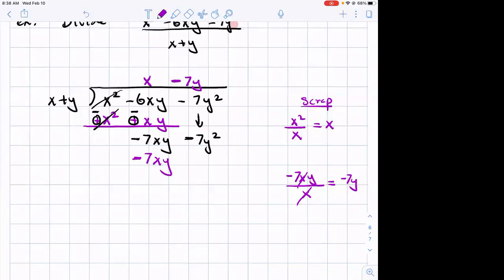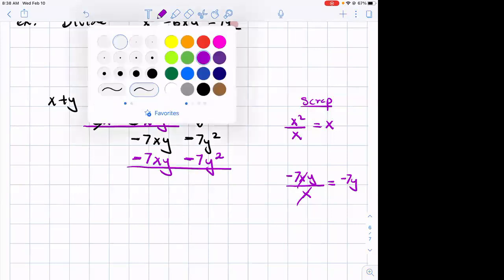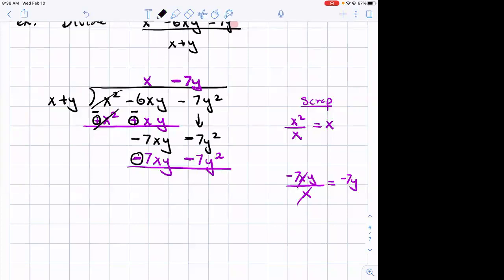And then minus 7y times y becomes minus 7y squared. Okay? Don't forget, we have to change our signs. So if we change this to its opposite, which becomes a plus, and this to its opposite, which becomes a plus, we have minus 7y squared plus 7y squared, that is 0, and minus 7xy plus 7xy cancels.